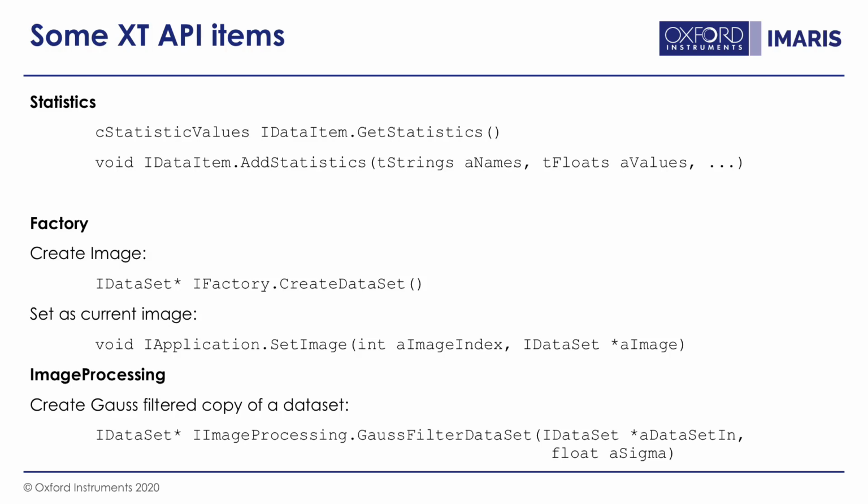As an example here, if you want to Gauss filter your dataset, you can get the dataset from the Imaris application, provide it as an argument here, and specify the sigma smoothing value, and you will get back a dataset. You can then use iApplication set image to set the Gauss filtered dataset. Only when you do that, you will actually see the result.